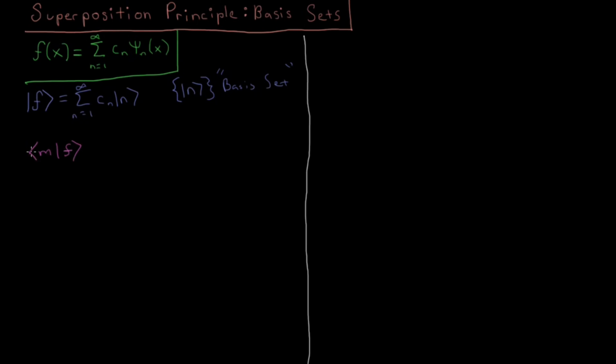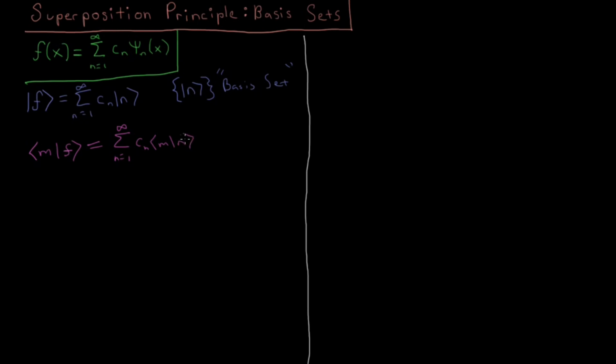This is the type of Dirac notation integral which we introduced previously. So this, if we represent our f as this type of a function, is going to be the sum from n equals 1 to infinity of, well, these cn's are just going to be constants, so we can pull them out in front of the integral. So we can just have <m|n>.